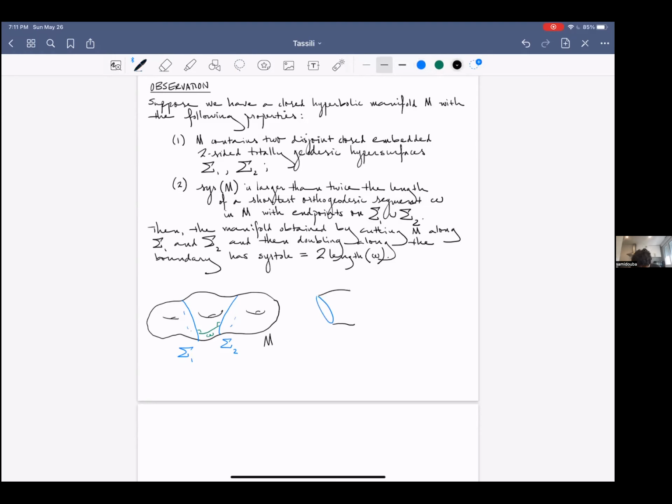Once we cut, we might get several components, but we just select the component containing this orthogeodesic omega. And then we double. The picture I'm drawing is a bit simplistic, but in fact, there are no additional complications.